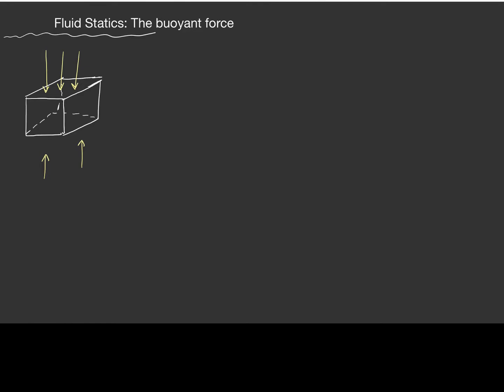We could label this side A, this side B, and this side C right here. I'm going to label this the top. We know that there is pressure coming down on the top right here, and I'm going to call this Y, simply because it's vertically straight up and down.